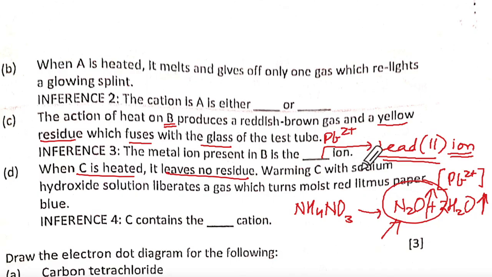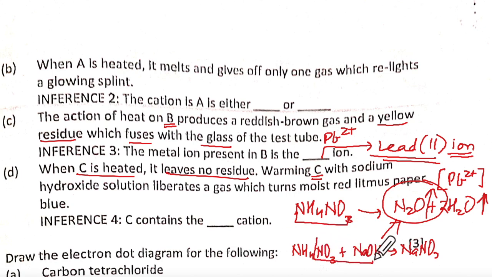Alright. Now what are they saying? That warming C, meaning NH4NO3, with sodium hydroxide. NH4NO3 plus NaOH will give me NaNO3. Can you see double decomposition here? And NH4OH means H2O plus NH3.